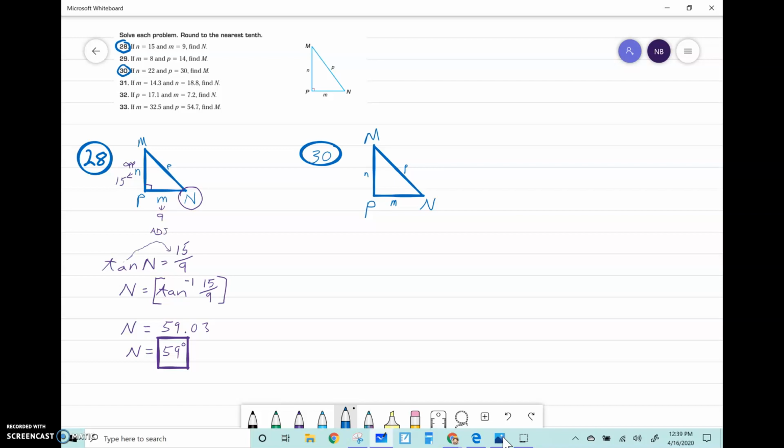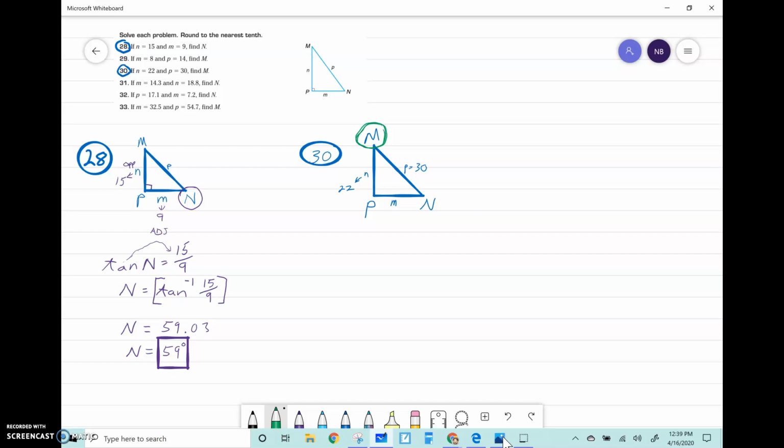Side N is 22 and side P is 30, and they want us to solve for angle M.